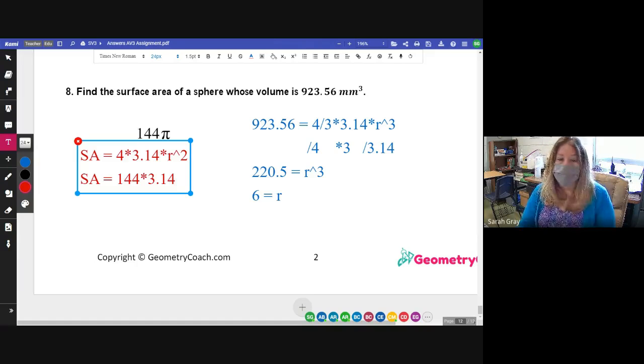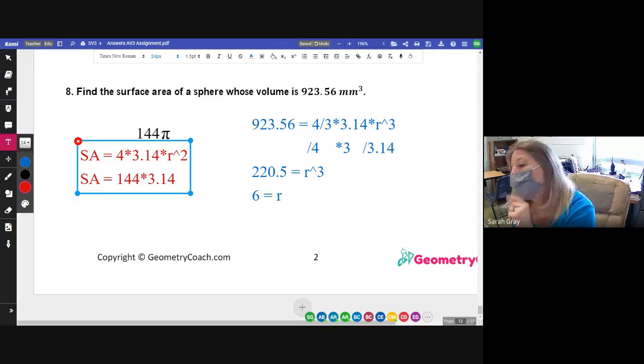I just left the pi at the end this time because it was a nice number. Okay, any others? Yes, millimeters squared, not cubed, because we converted it to surface area.